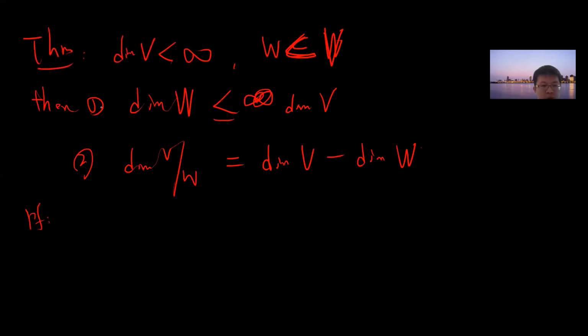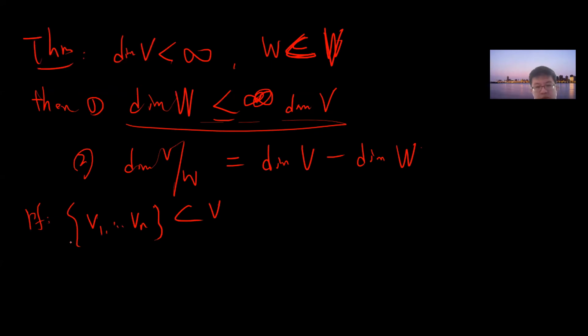Okay, so let's see how to prove the first one. What I'm saying is that the dimension of W is less than or equal to the dimension of V. Let's pick V1 up to Vn as a basis of V. It's not a basis of W, but a spanning set, right?